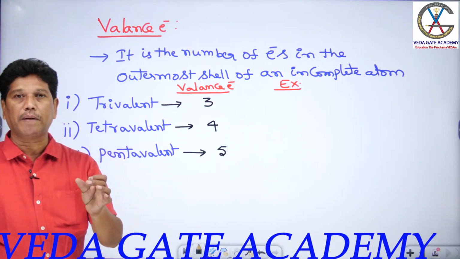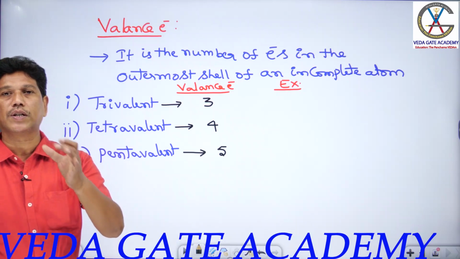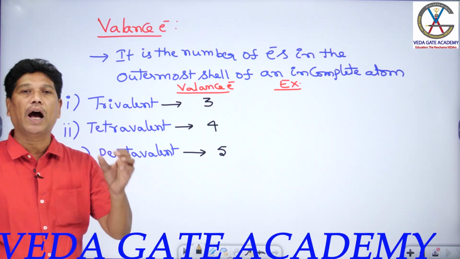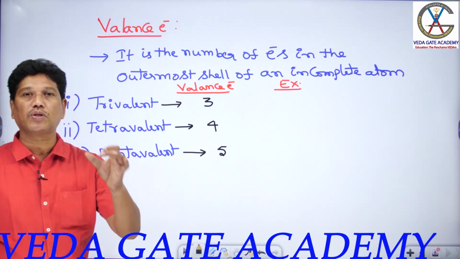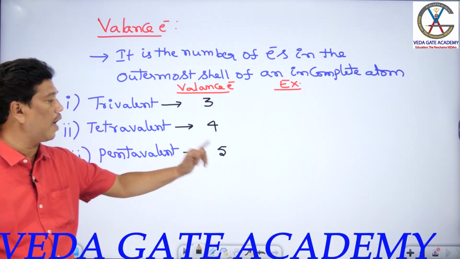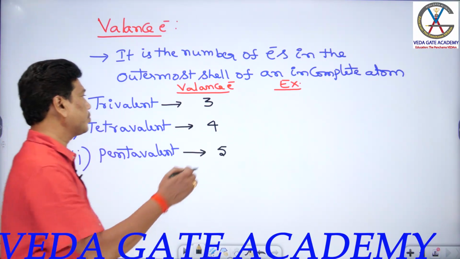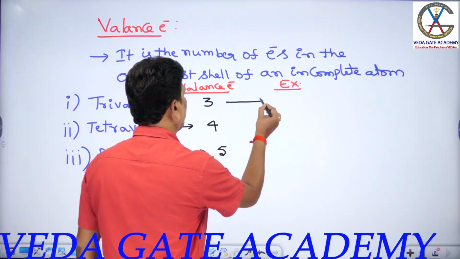A trivalent atom has 3 electrons in its outermost shell. A tetravalent atom has 4 electrons in its outermost shell. Like that, pentavalent has 5 valence electrons.